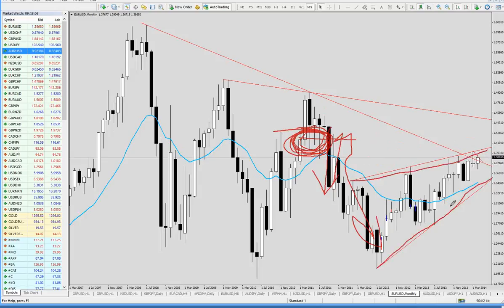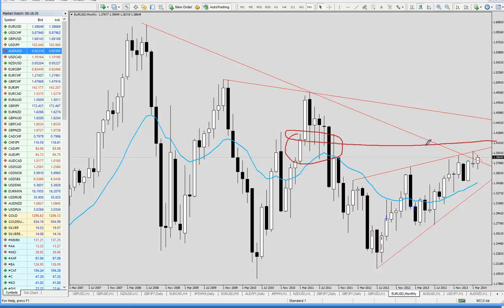especially based on this wedge we are creating here, right? So we can see one more pullback higher and final. So 1, 2, 3, 1, 2. So yeah, most probably we are going to have one more pullback, maybe with the breakdown. Okay, but that's the monthly, and we are within this previous demand.